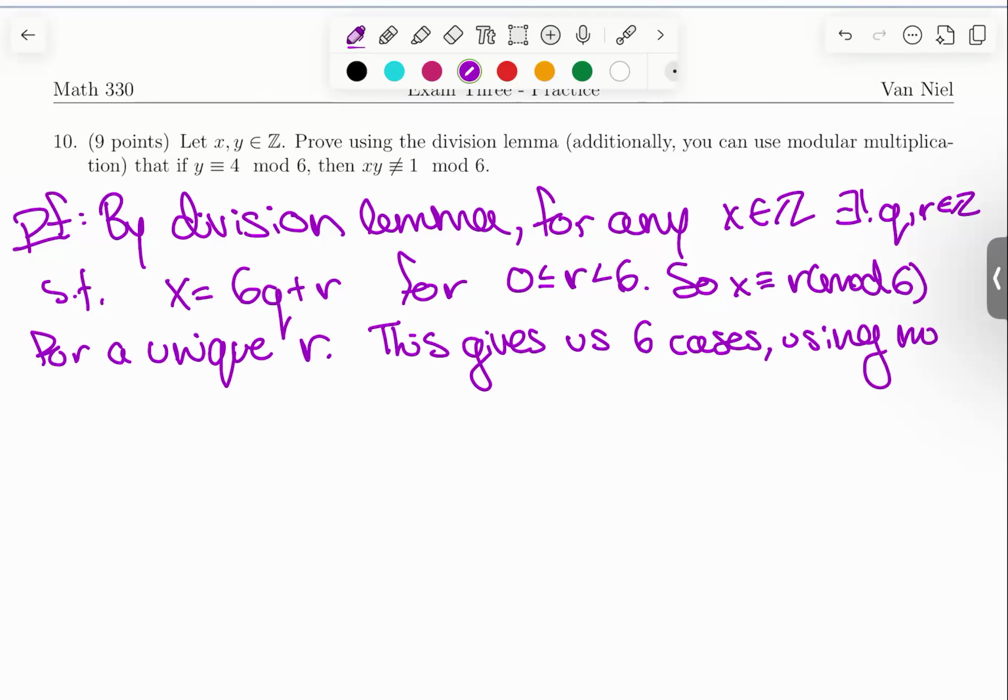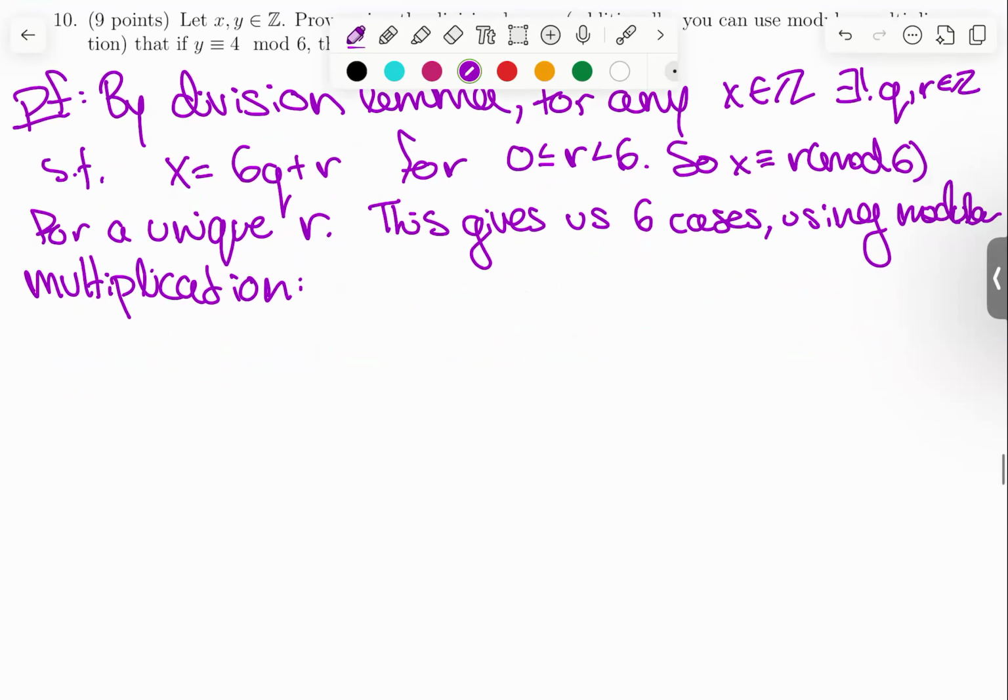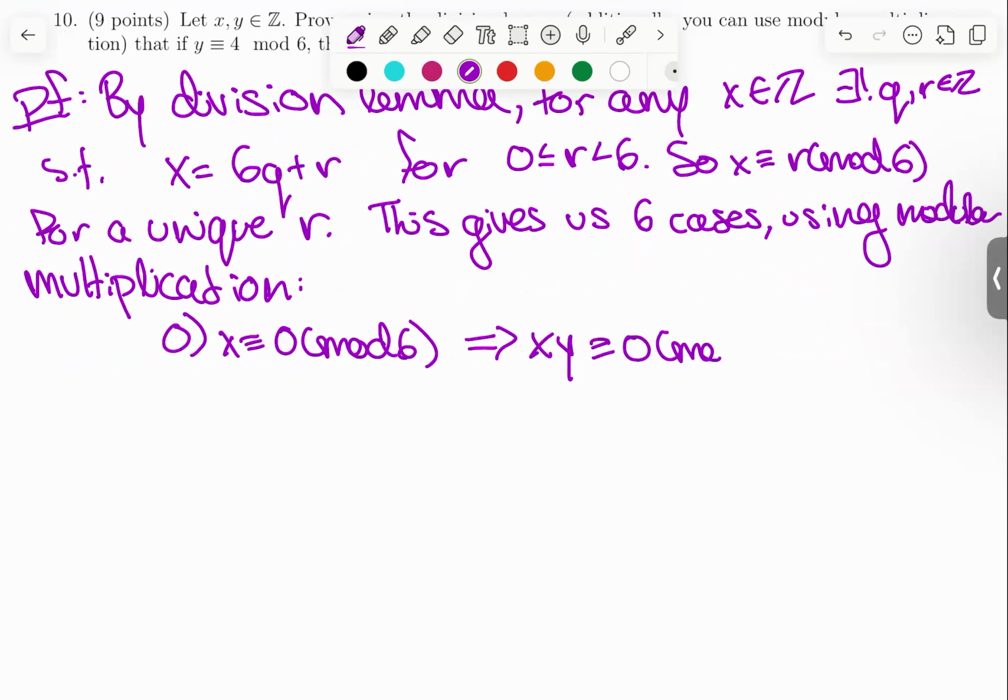Using modular multiplication. Okay, so if x is equivalent to 0 mod 6, then x times y is also 0 mod 6, right? Because modular multiplication lets us just multiply those two numbers in the integers and then move over to mod land.